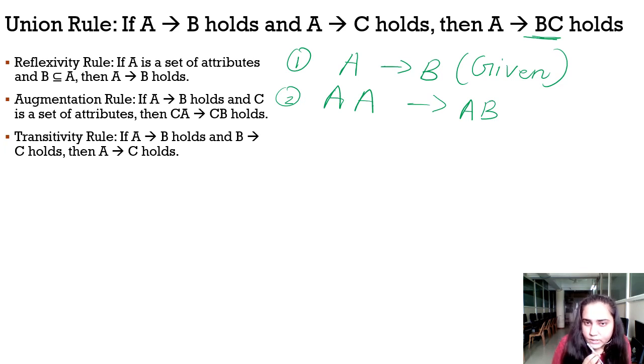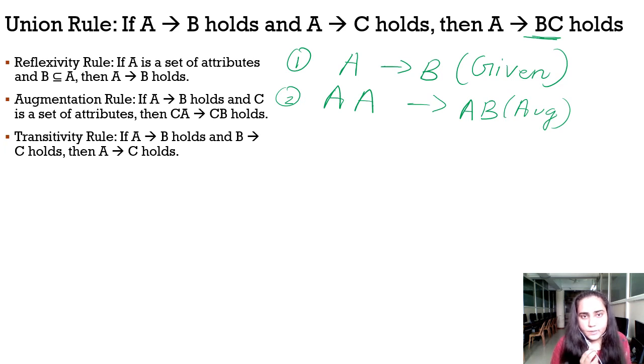So what I simply did is augmented. This is using my augmentation rule. So I'm just going to write down over here AUG for augmentation. So using augmentation, I have done AA determines AB.